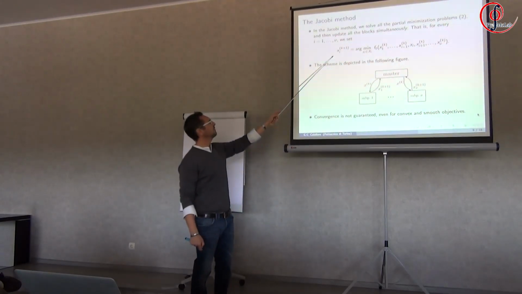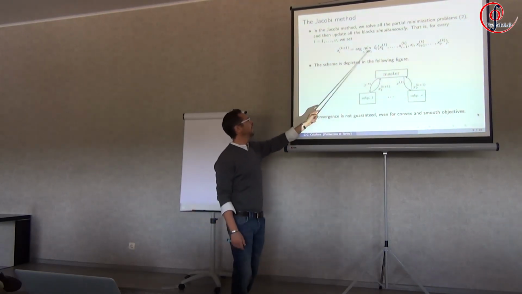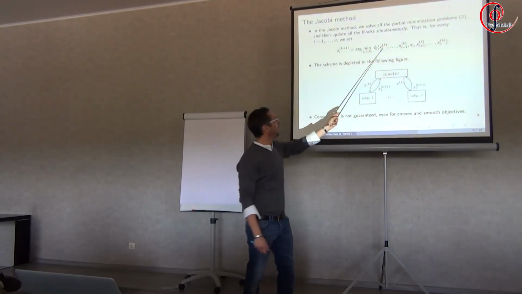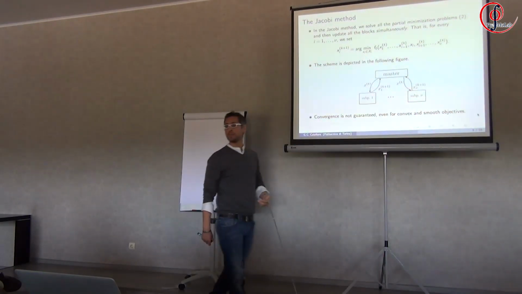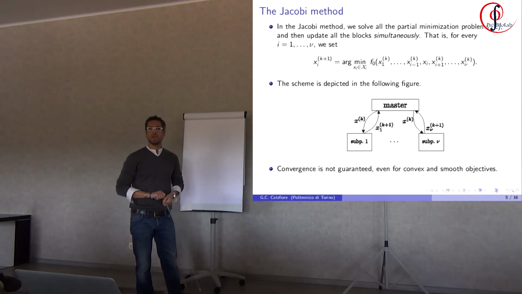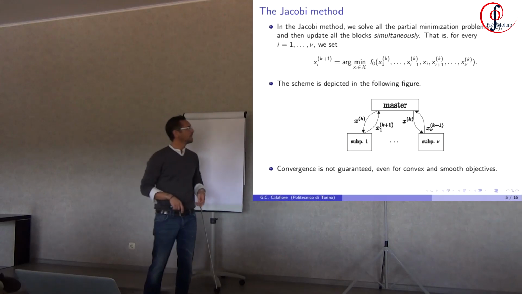So the ith block at the new iteration is given by minimizing over the ith block with all the other variables being fixed to the values of the previous iteration. So it's a fully parallel update on the variables.